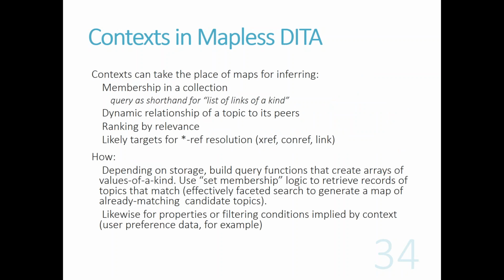A context in Mapless Data is any kind of information that takes the role of a map for being able to infer whether that topic is part of a collection or whether there's a dynamic relationship from that topic to other of its peers in the collection of information. It allows ranking by relevance, and it allows topics that likely targets for conref resolution, for example.